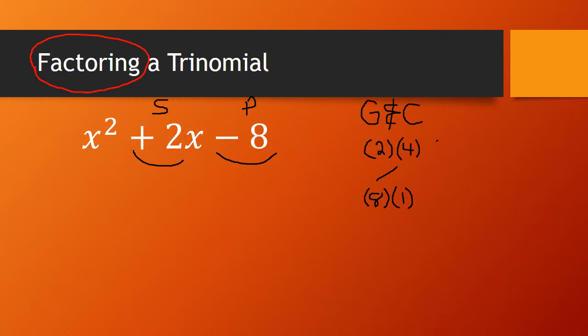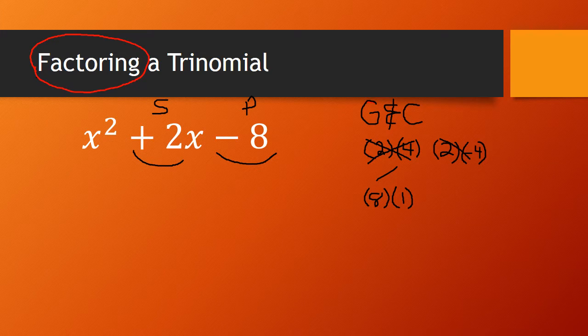So if I use 2 and 4, 2 times 4 is going to be 8, which is not the right combination of factors, but I know that one of them has to be a negative one, and the other one has to be positive. So I'm going to change the sign of 4 into negative 4. So now I have 2 times negative 4, which is negative 8, which is exactly what I need. But 2 plus negative 4 is negative 2, which is not what I want. I want 2 to be the sum of these two factors.